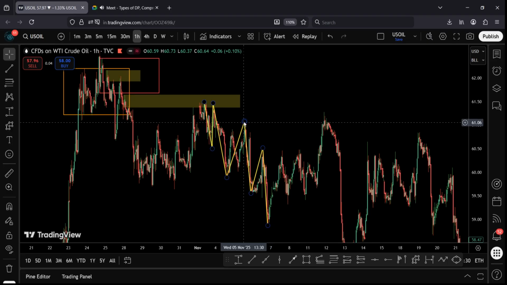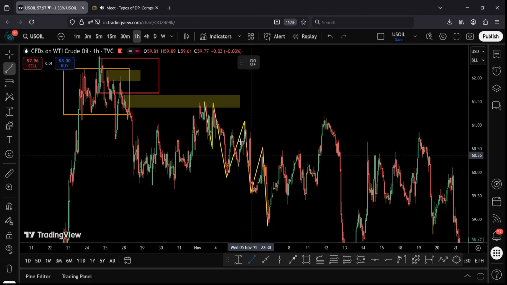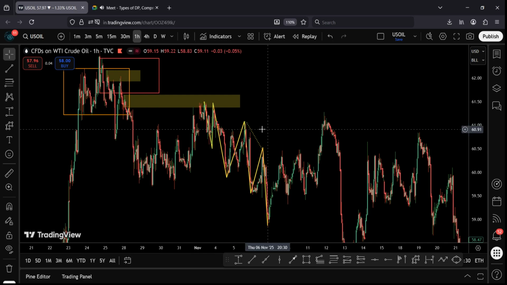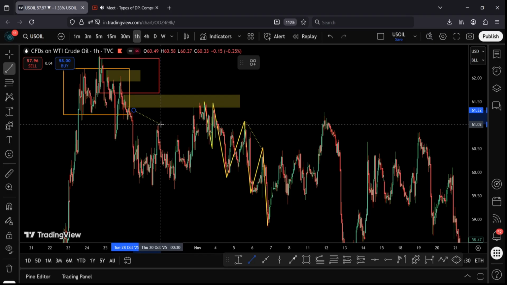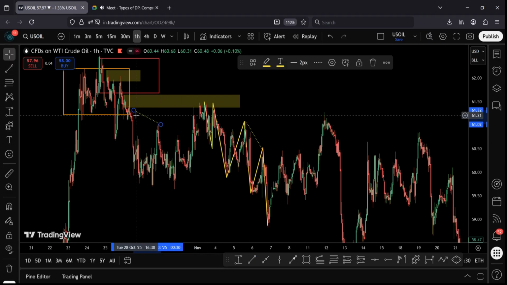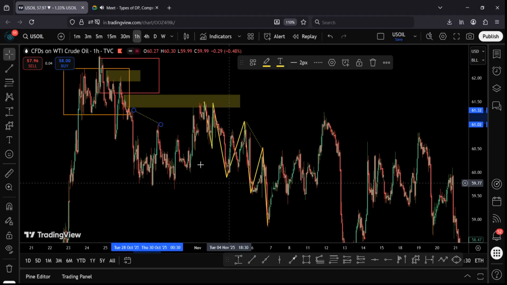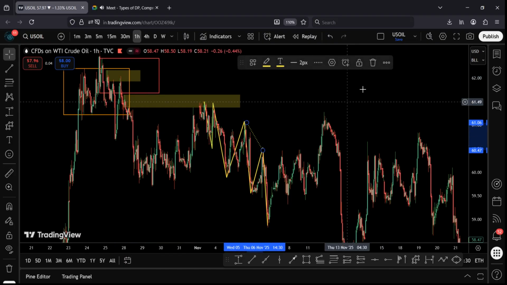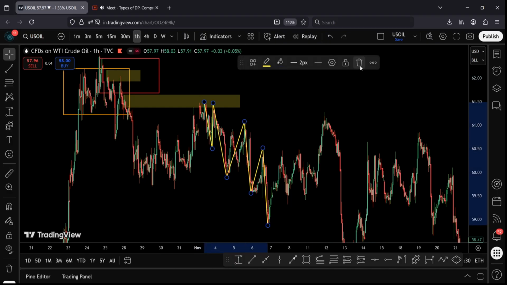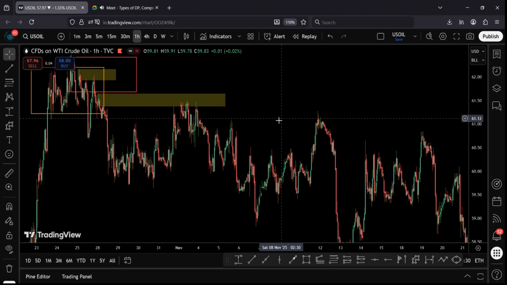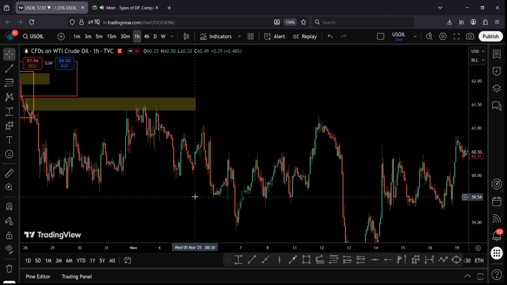So what happened? Here is our fake zone. Like this is where our fake zone was, here to here. It was fake zone. Price goes up, came down, right? This fake zone, price goes up to MPL again.